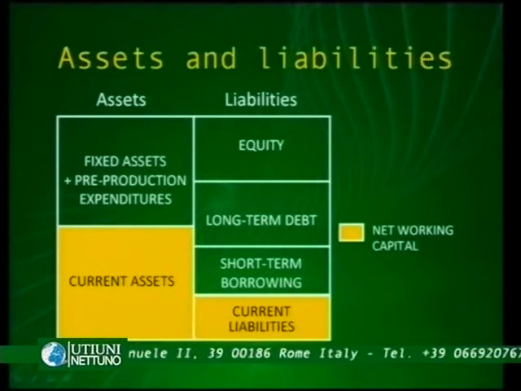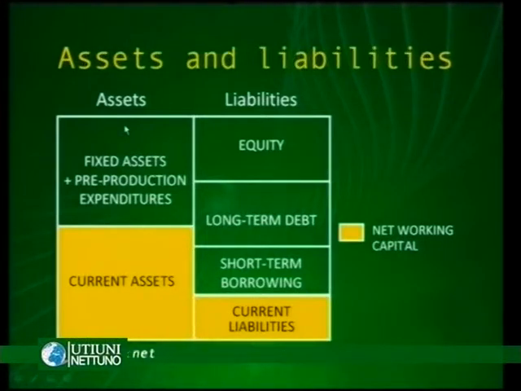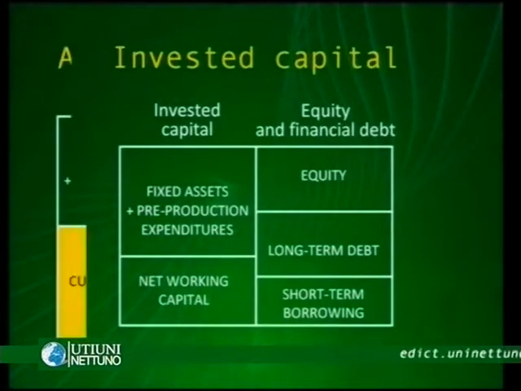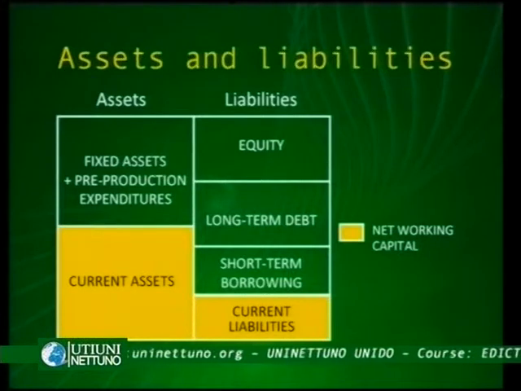Okay, the balance sheet is a financial document where you find on the left side the assets of the firm, or in this case of a project. And on the right side, you find the liabilities. Well, assets are the assets that are bought and used for the realization of the project. Liabilities represent the sources of funding that are used to cover the financing need of the project.